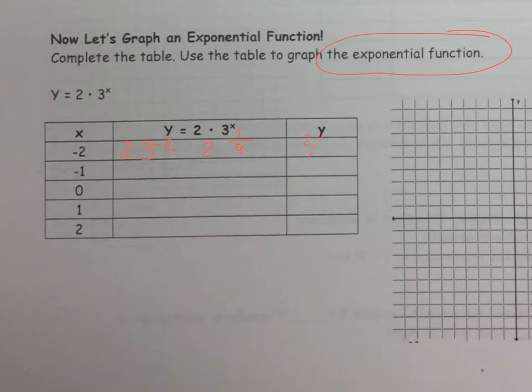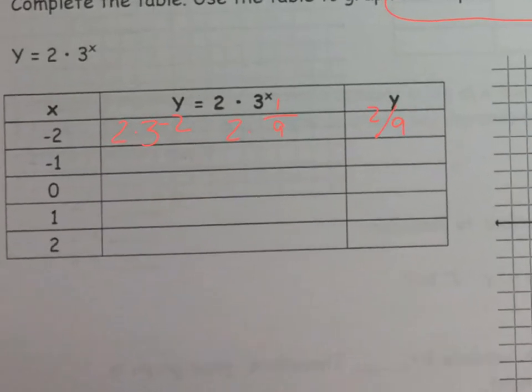So that's 2 over 9. 2 times 3 to the negative 1 is like 2 times 1 over 3, so that's 2 over 3. 2 times 3 to the 0 is 2 times 1, which is 2. 2 times 3 to the first, 3 to the first is 3, so that's 6. And 2 times 3 squared, that's 2 times 9, that's 18.